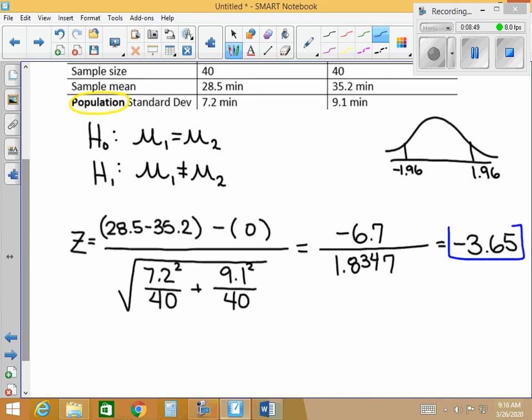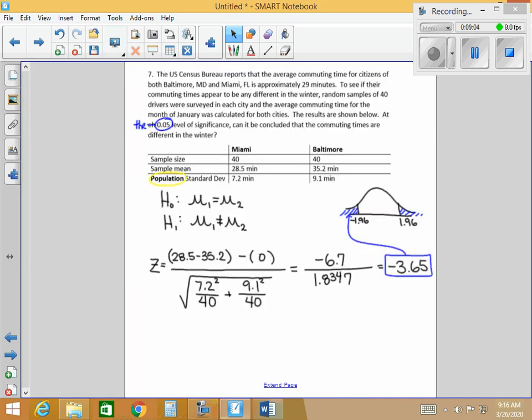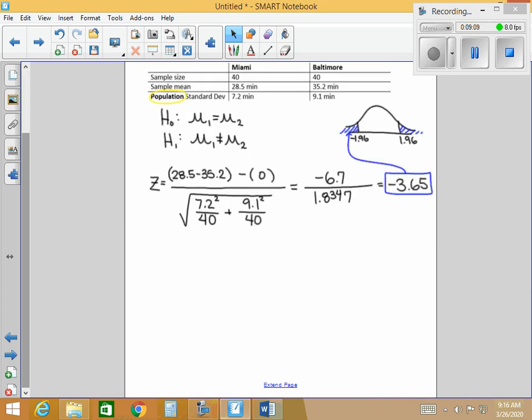I take my negative 3.65, I come up to the table here, and I notice it's to the left of negative 1.96. If I'm in either of those blue shaded regions, that's where I determine that I'm going to reject the null hypothesis. I need to extend my page, sorry. So I'm going to say that I need to reject the null hypothesis here.